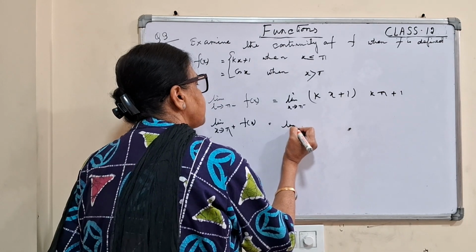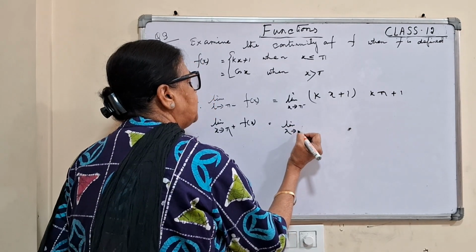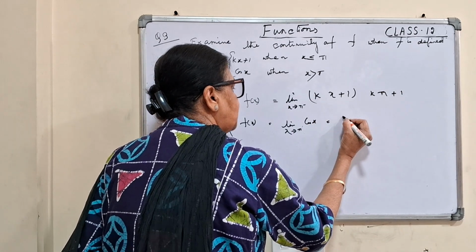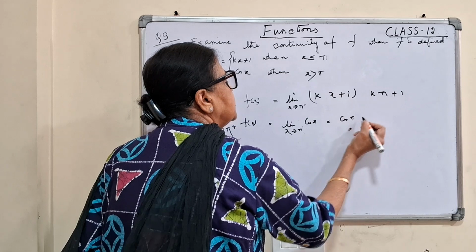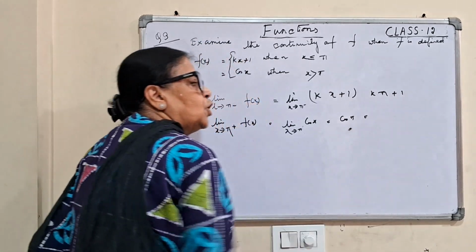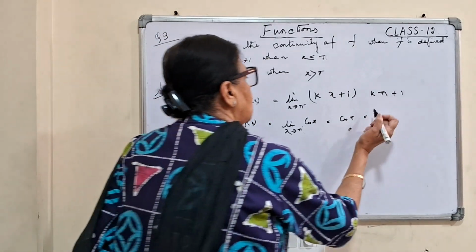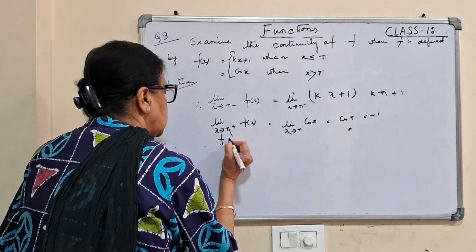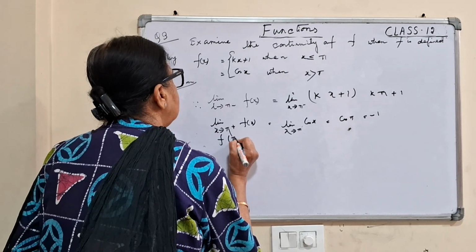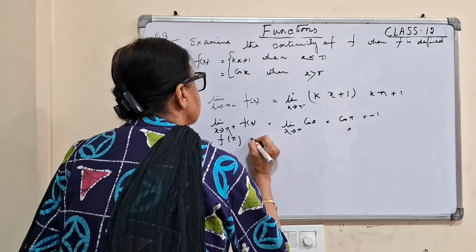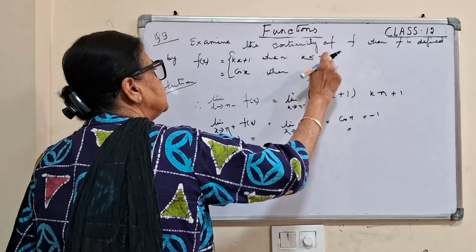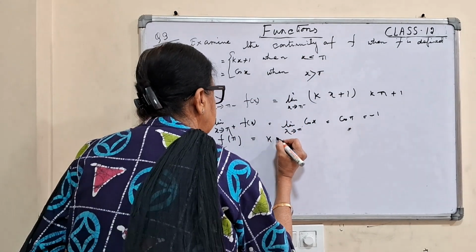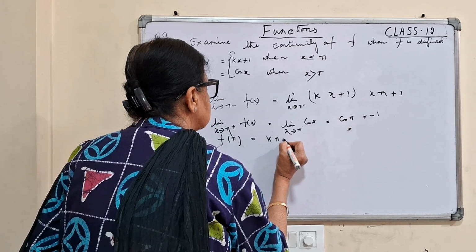is equal to the limit as x tends to pi of cos x, that is equal to cos of pi. Cos pi is how much? Minus 1. Cos pi is minus 1. And f of pi will be k pi plus 1.